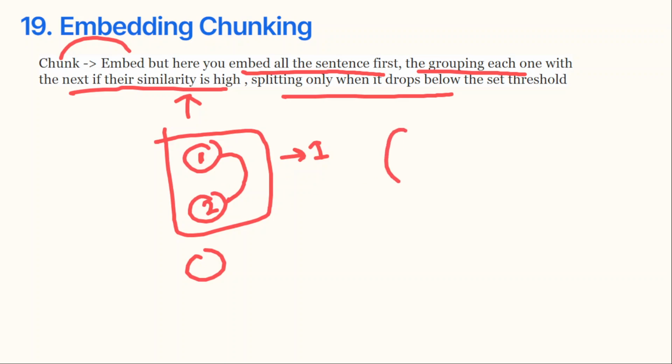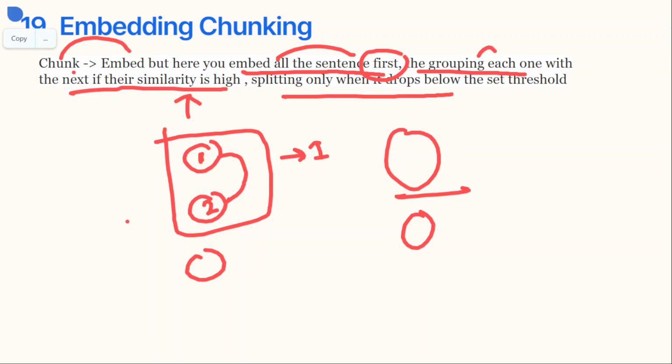We split a chunk only when the limit threshold is crossed. So as you can see, we embed all first, then group one by one, and we split into chunks only if it doesn't follow the similarity with the set threshold.